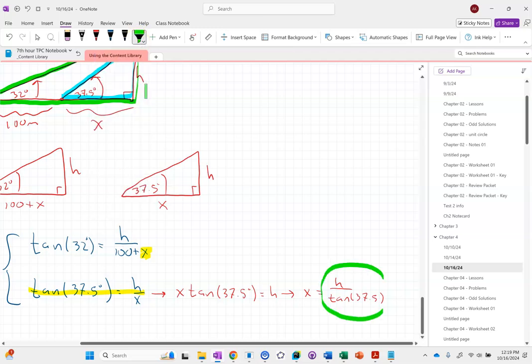So I'm going to take that and plug it into there.